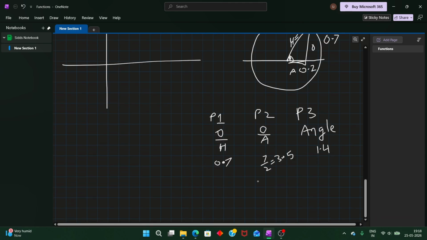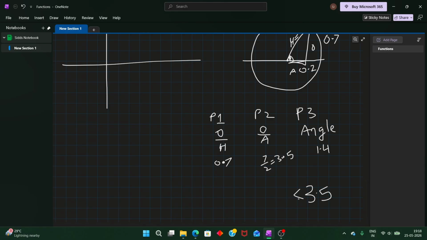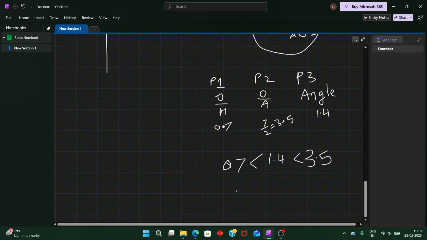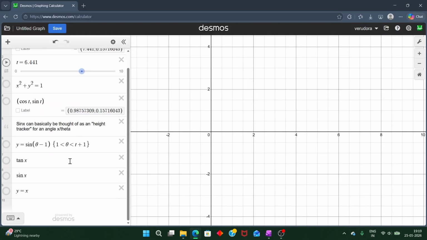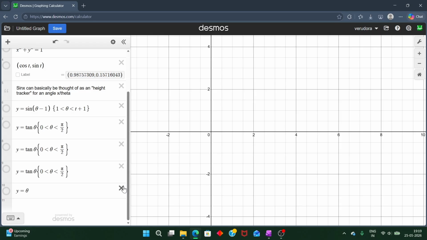So if you had to arrange them in increasing order, you have 3.5 greater than 1.4 greater than 0.7. And this is basically your sine, and this is basically just your angle theta, and this is tan. And in order to verify this, let's just go to Desmos and delete these.